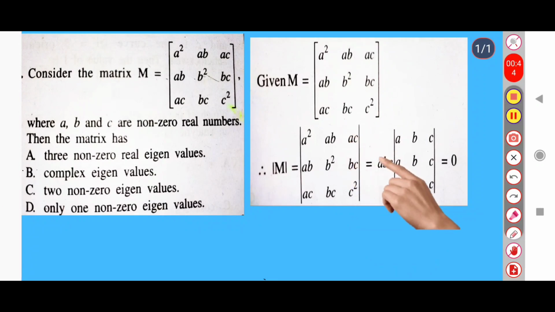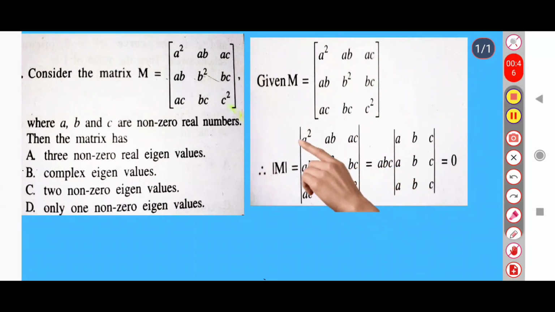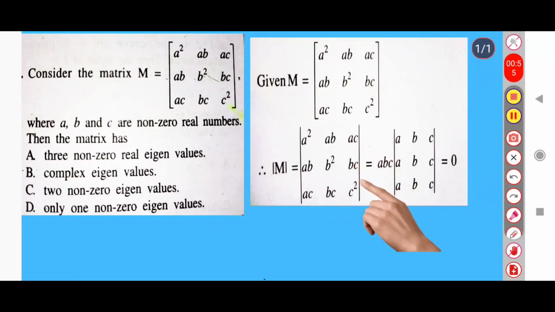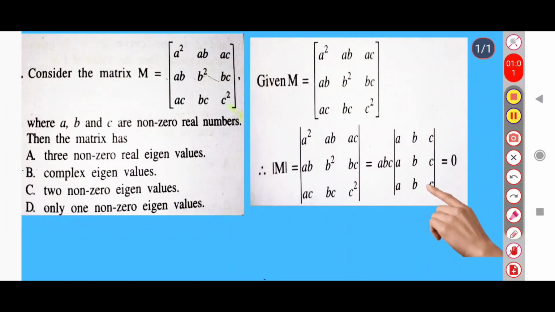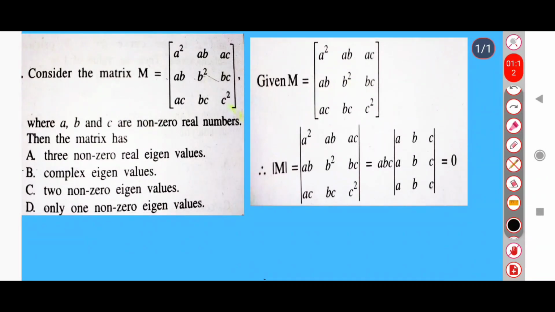Then here we have ABC into this, which is A, B and C. If we take B common, then A, B, C, and from this we take C common, so A, B, C. Here the first row, second row, third row all have similar elements, so the determinant will be 0. So the matrix has determinant 0. It means that at least one eigenvalue will be 0.